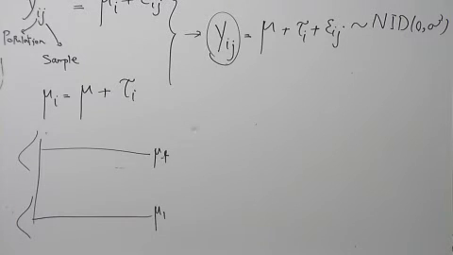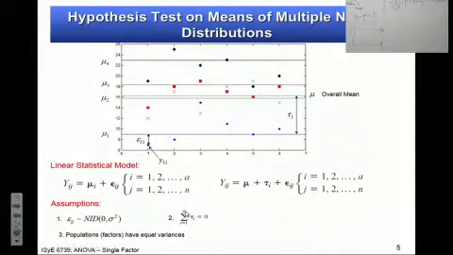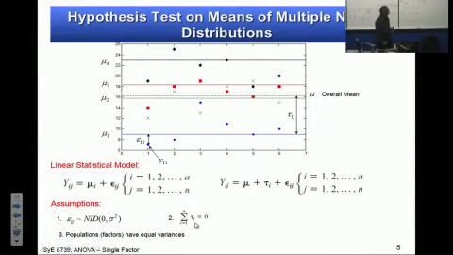Okay? That's basically the assumption. And the last assumption is the summation of tau i is equal to 0. It means that this difference is positive, and this difference is negative.